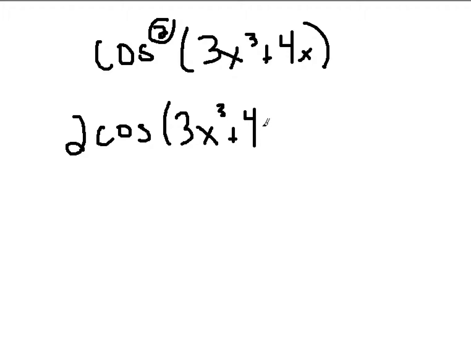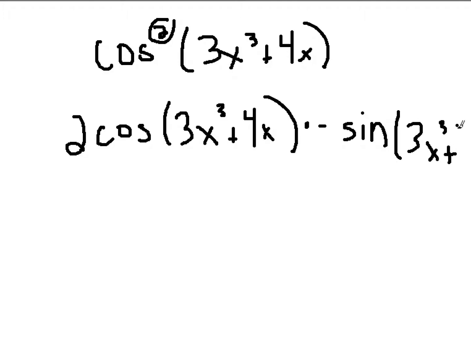Now that I've taken the derivative of the exponent, the next outermost piece is the cosine. The derivative of cosine is negative sine, and I'm recopying the inside. Then I'm going to differentiate the inside of the parentheses to get 9x squared plus 4.